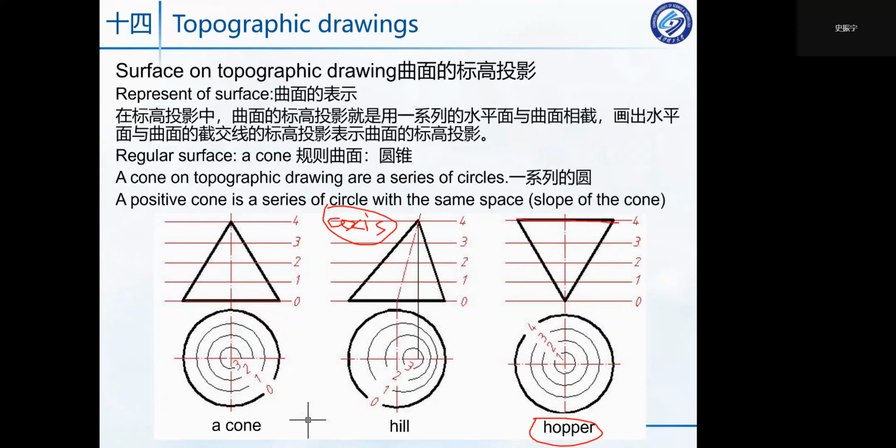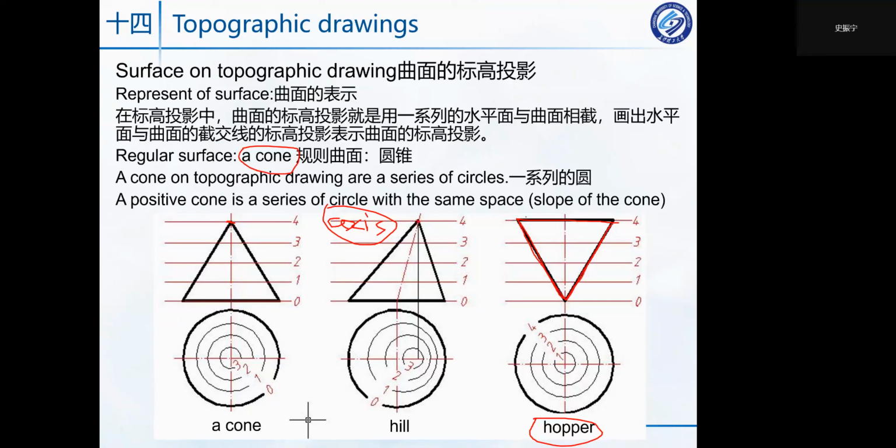So you can see this is a shape like V. And as for real things, a cone is like a mountain, and this point is the top of the mountain, and this one is also a mountain, and this one is a top.